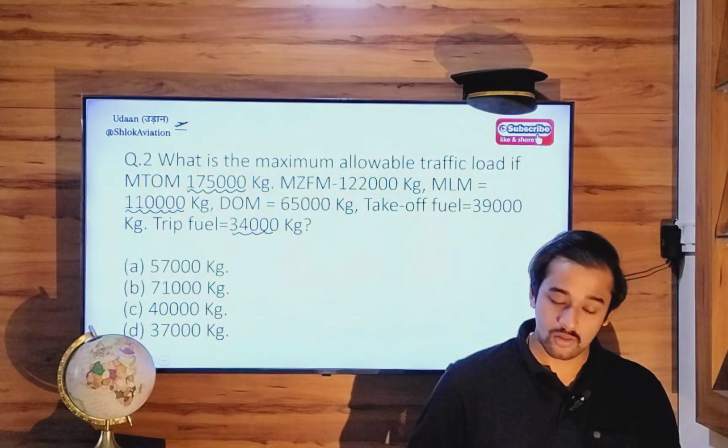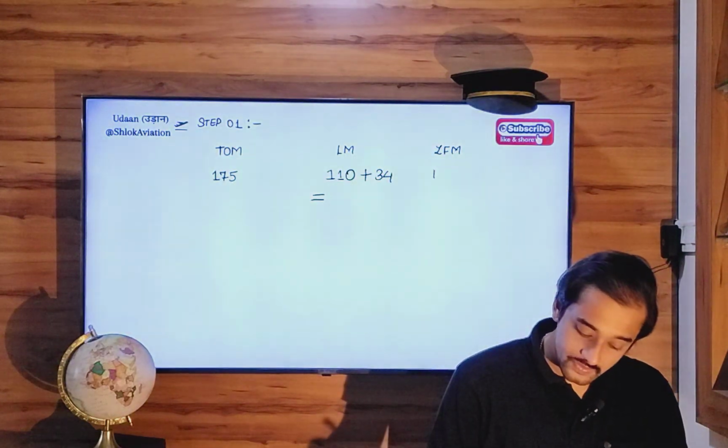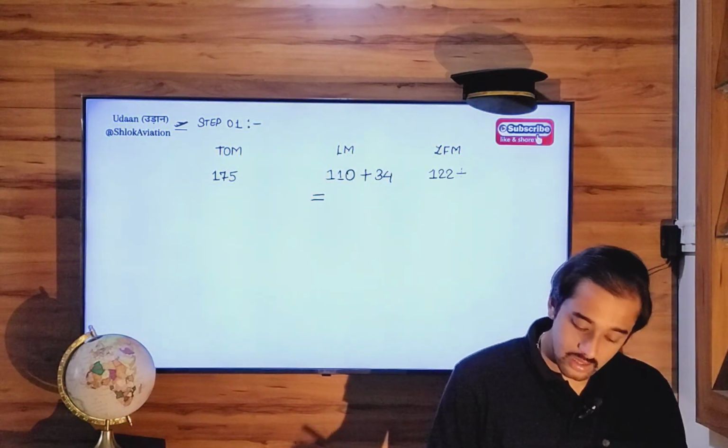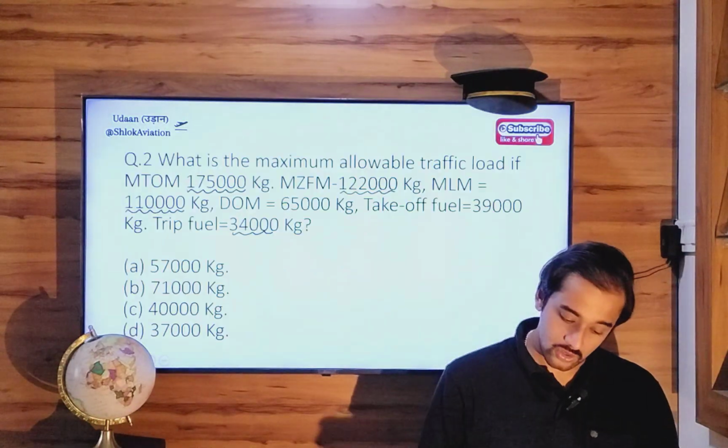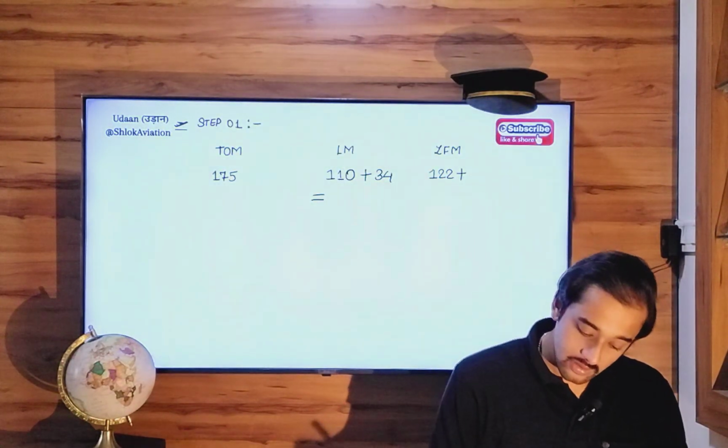In the zero fuel mass column, write the zero fuel mass 122. In addition to that, add takeoff fuel 39,000 or 39.